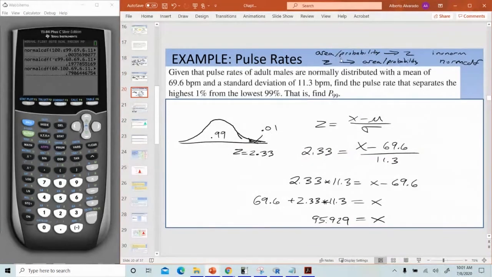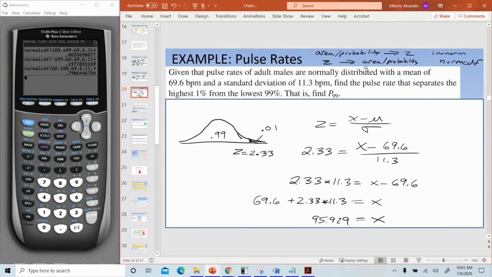Okay, so you might want to highlight this, or go back to it. If you're given an area of probability and you want a z-score, you need to use inverse norm. So in this case, we are given an area of probability of 0.05, and we want a z-score. So we're going to use inverse norm.